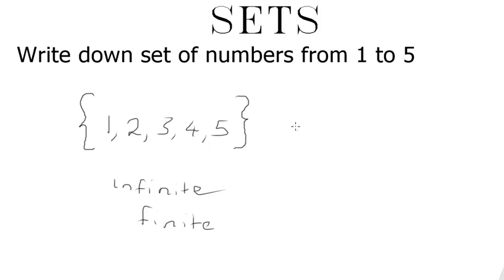So you would show that by writing maybe 1, 2, 3, and then 3 dots like that. So these 3 dots are simply telling you that this set does not end here, but it continues till a certain point, or maybe it's infinite. It just goes on and on and on.